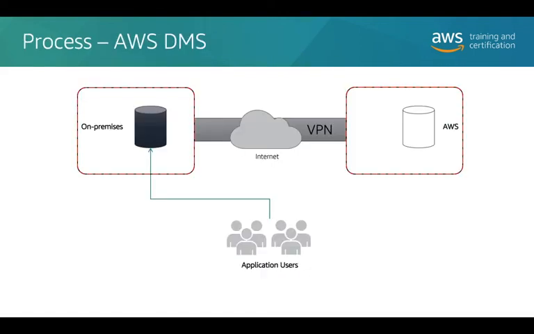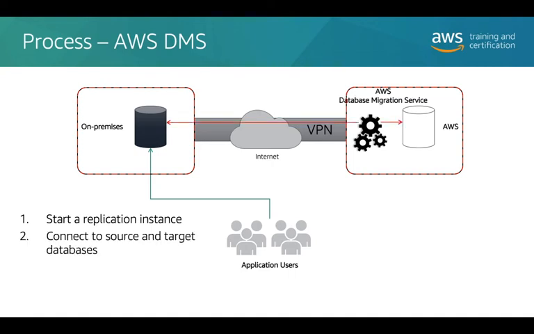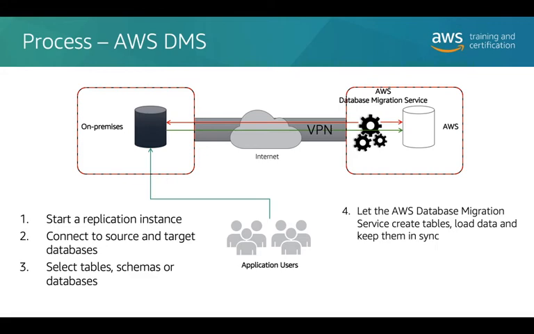The actual process of DMS is relatively straightforward. Your application owners are currently working on-premise, connecting through to your on-premise database. You start what's called a replication instance. You connect that replication instance to the source, which is on-premise, as well as to the target, which is in AWS. You define which tables or schemas or databases you want to migrate.